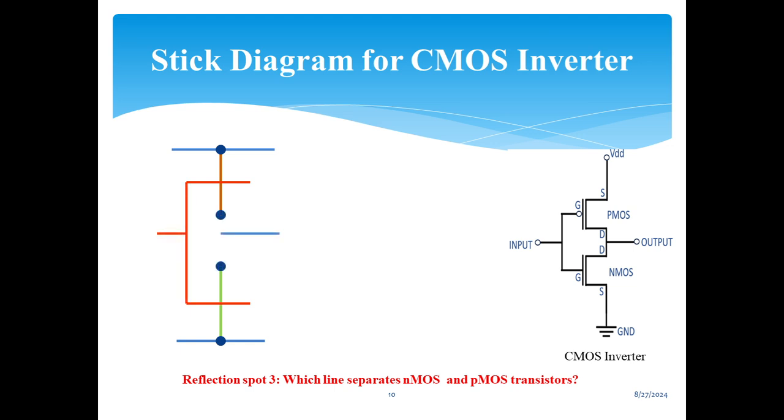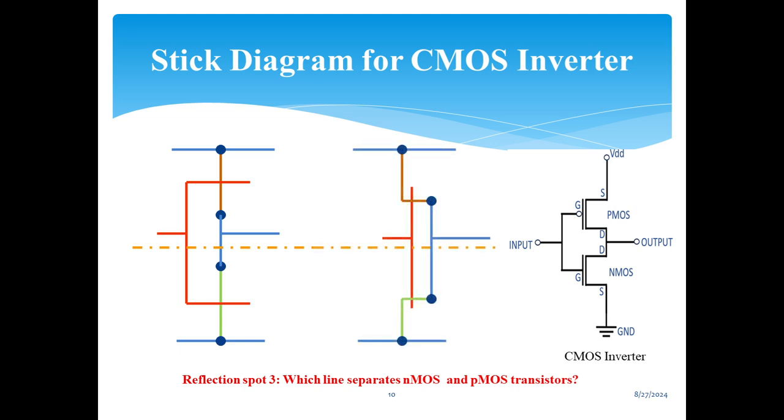Here the gate, this polysilicon in red, is connected with NMOS and PMOS. Then the drains are connected together to get the output, and it is separated by the demarcation line. So this is a stick diagram for a CMOS inverter.